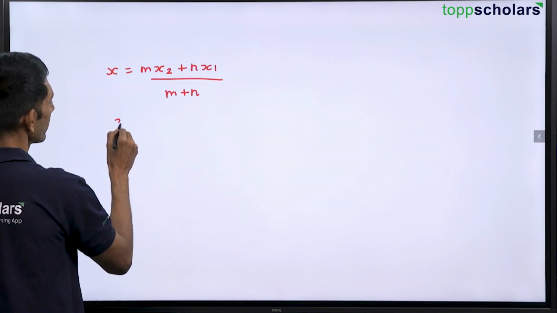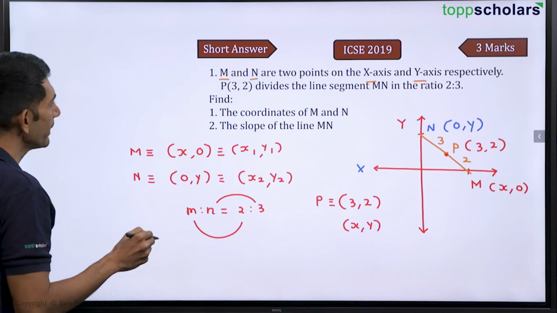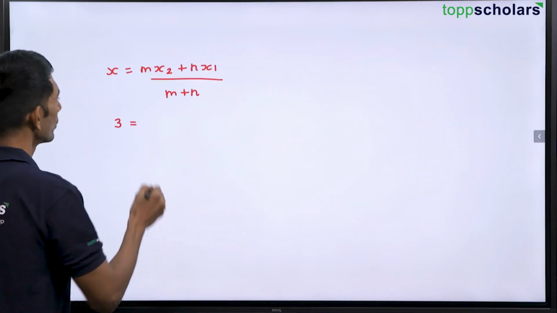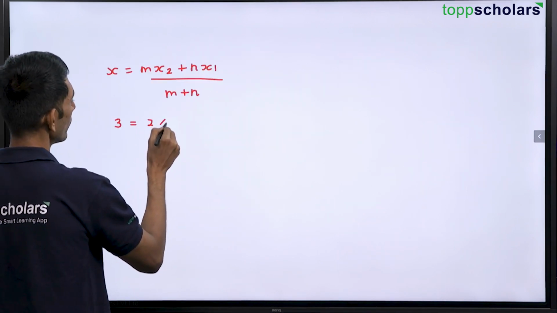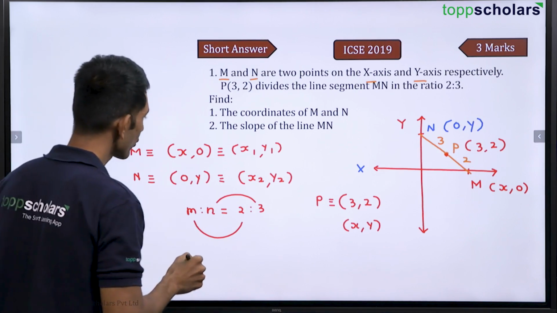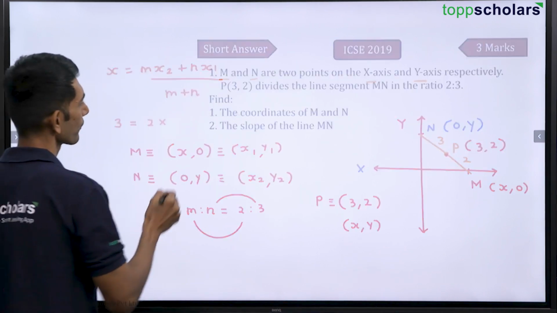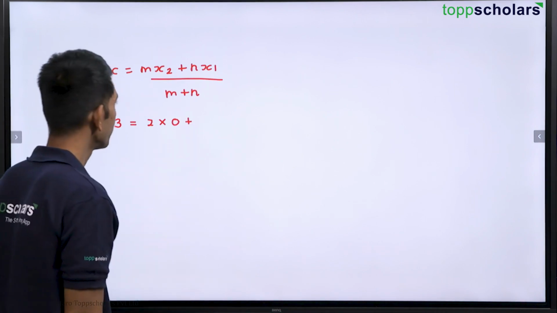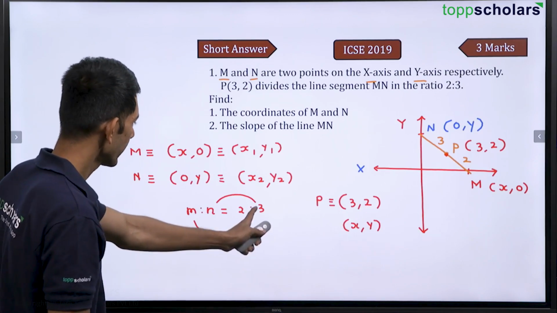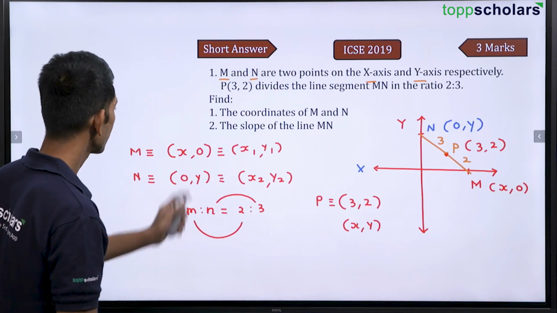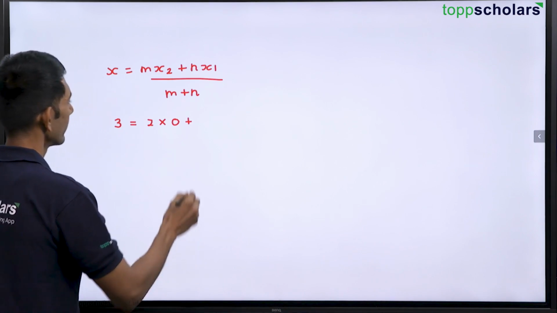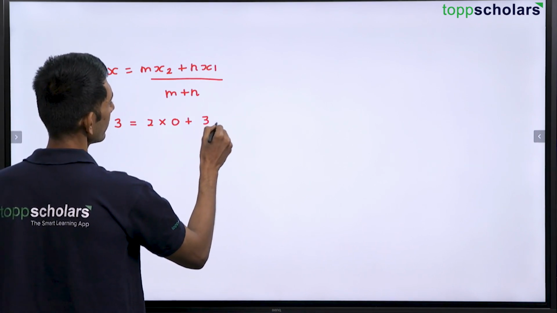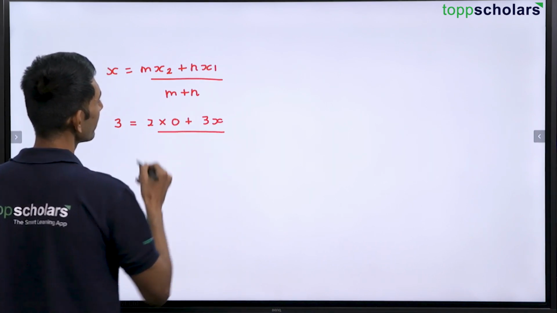So write down 3. 3 is equal to m into x2. m is 2, so 2 into x2. x2 is 0. Plus n into x1. n is 3, x1 is x, so 3 into x, by m plus n.